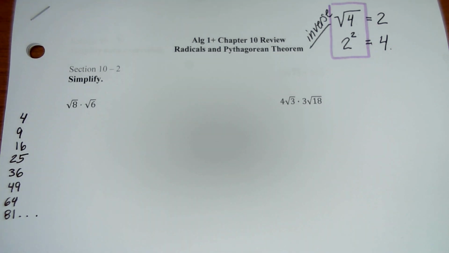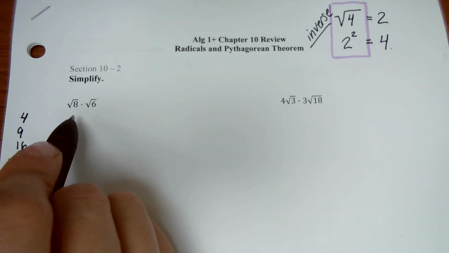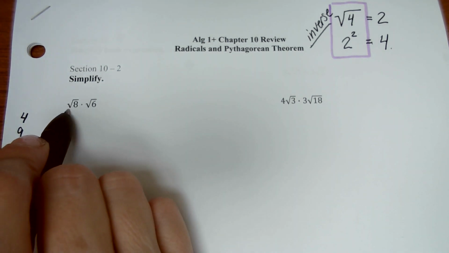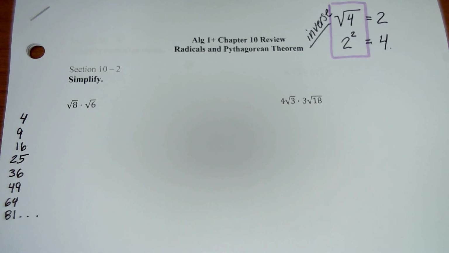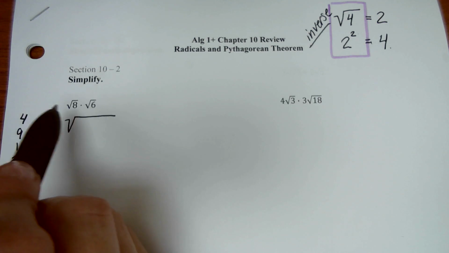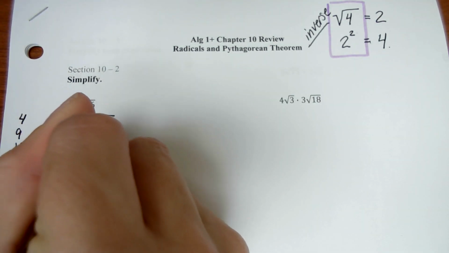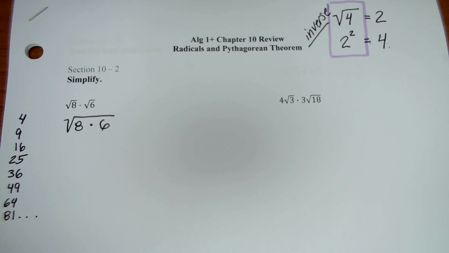Now, these are the perfect squares that I'm going to be on the hunt for, and I'm going to think about which of these could be factors in our larger numbers. So the first question they give us is the square root of 8 times the square root of 6. We could rewrite this, because it's multiplication, as the square root of 8 times 6 within the same radical.